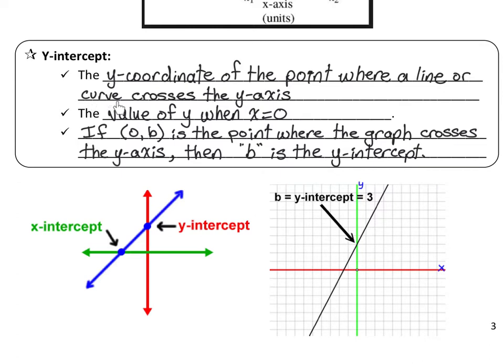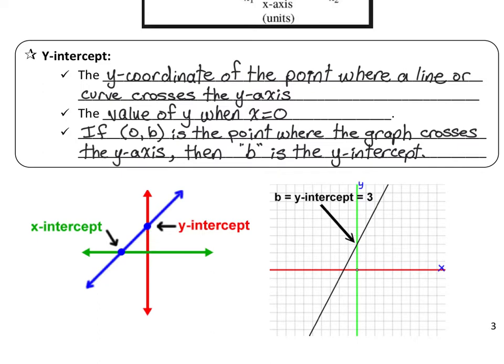So it can be a line or a curve. It's any graph, whether it's straight or not. Where a graph crosses the y-axis, the y value is the y-intercept. So any point lying on the y-axis has an x value of 0.